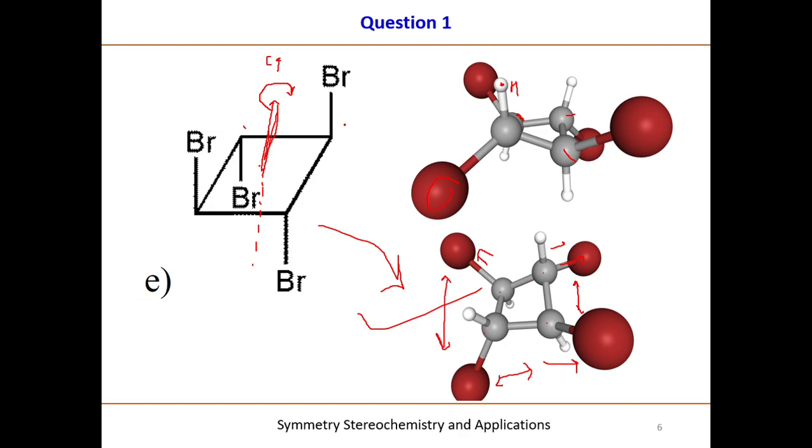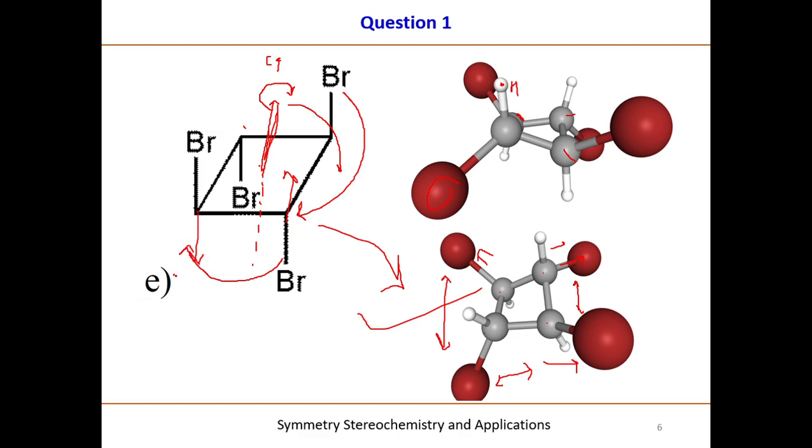Now if I pass the C4 axis, that means it will rotate by 360 divided by 4. How much? 90. Right? That means I have to rotate it by 90. If I rotate it by 90, what will happen? This upside bromine will come on this side upside, and this downside bromine will come here downside.